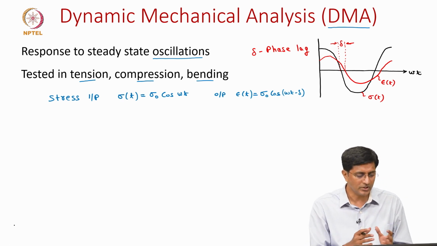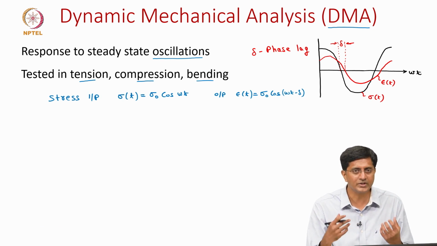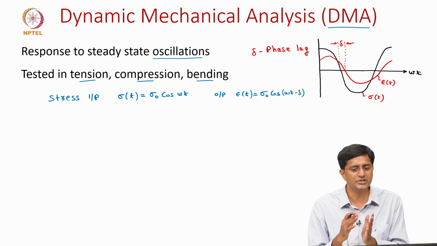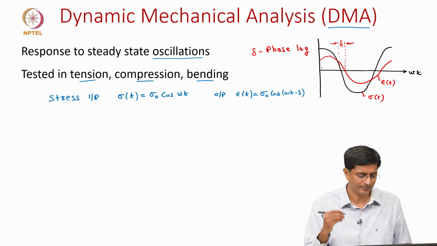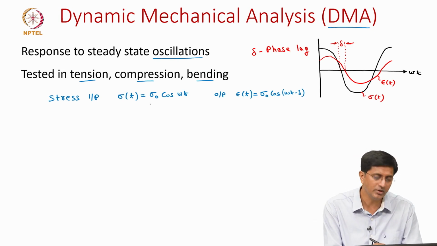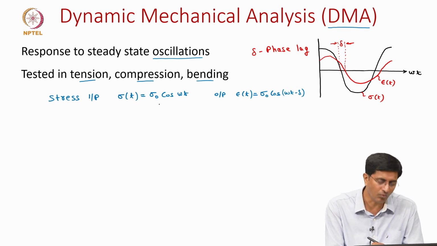Essentially, the input and the output have the same frequency, the only difference is the output has a change of phase, represented by this delta in the plot. But I have shown you only one of the many possibilities.